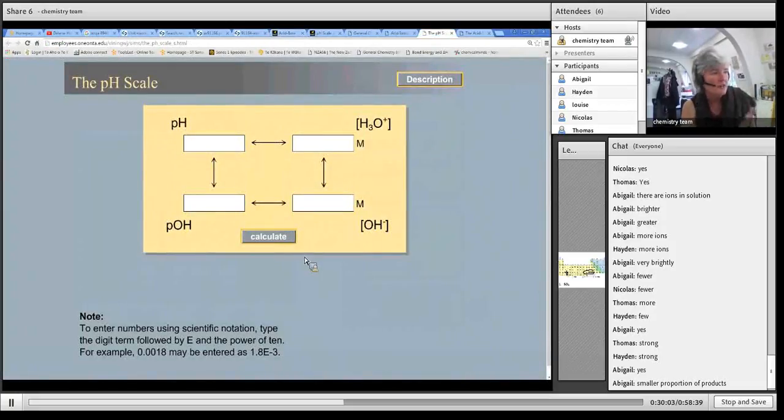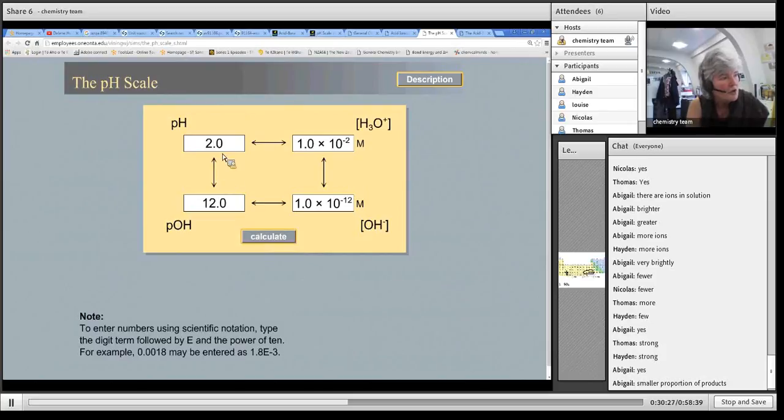And so what this does, it allows you to work out the pH from the different values. You just put in a number in any one of these. So if I have a pH of, let's say, 2, and I calculate, it should fill in the other blocks.